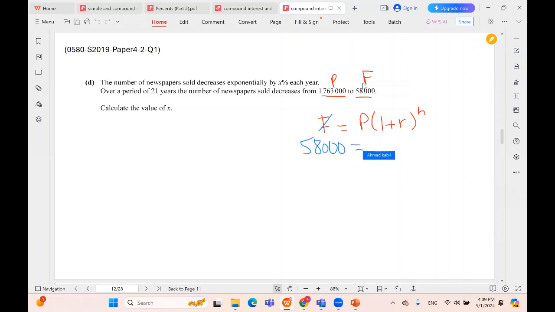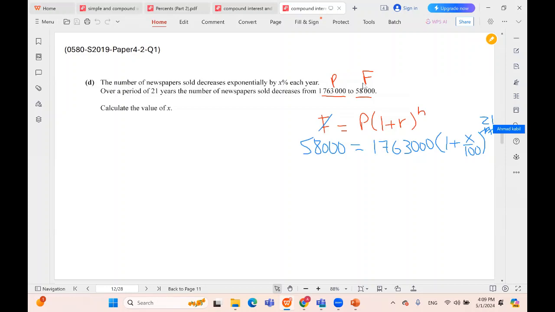The present value is 1,763,000 times 1 plus X over 100 to the power of N. So N here is 21.